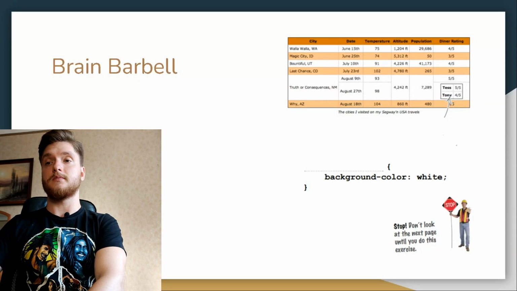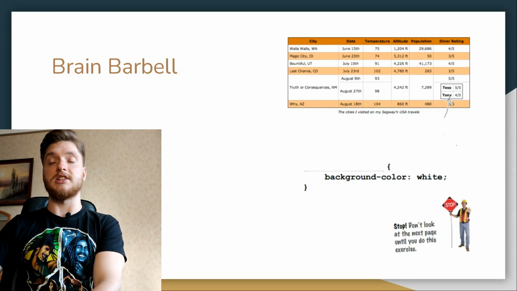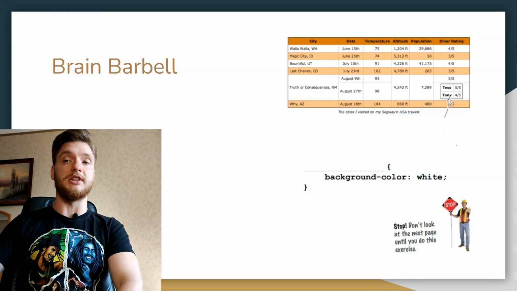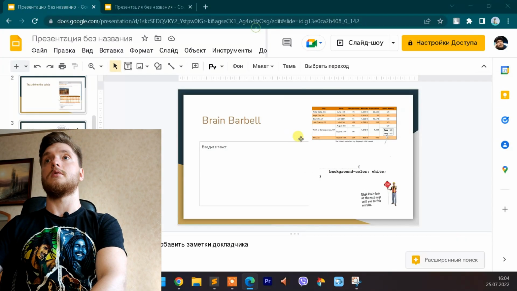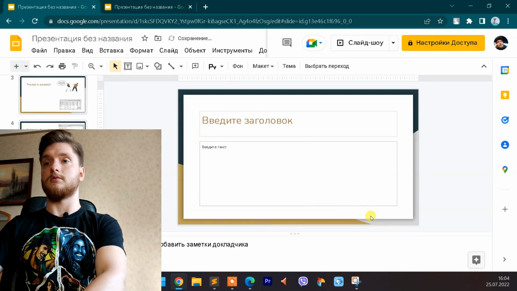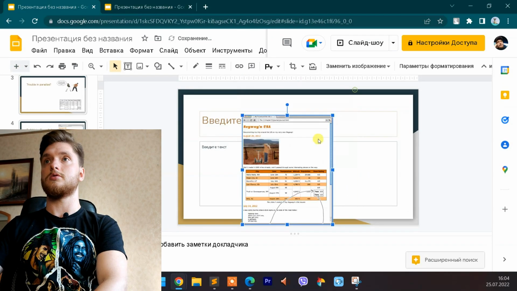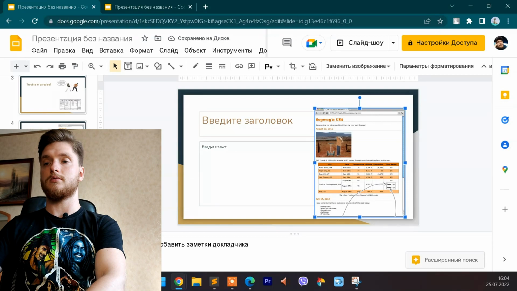Use the table table th selector to change the background color of nested table headers to white. Look at the new picture.